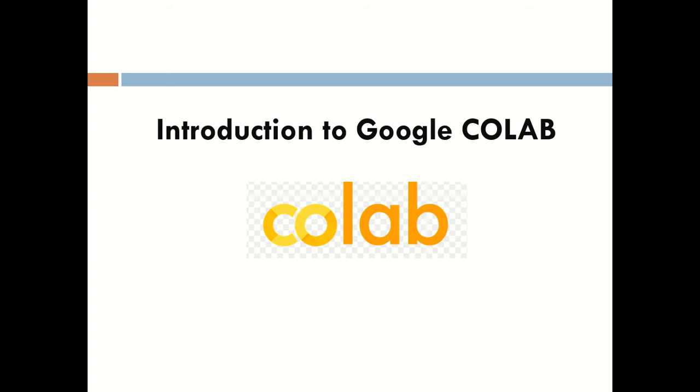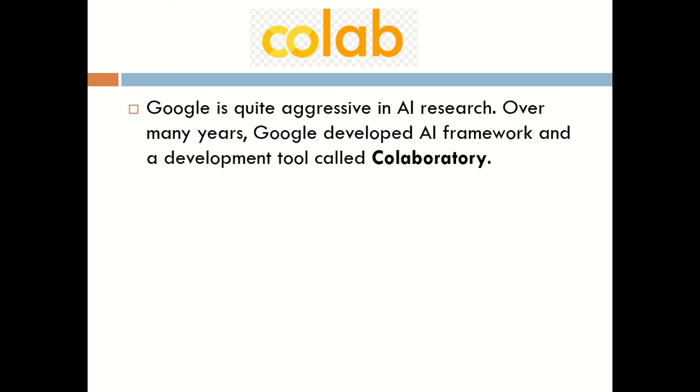So this Colab is implemented by Google for research purposes. The main purpose was artificial intelligence, machine learning and many more applications to be there on an independent platform. So let us go ahead for understanding Google Colab. Google is quite aggressive in AI research.